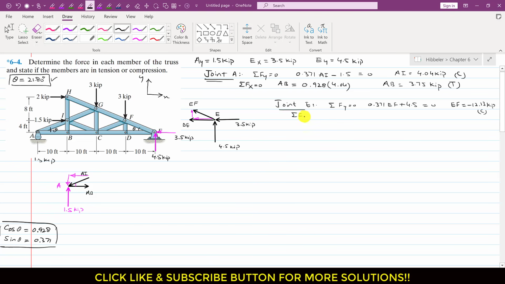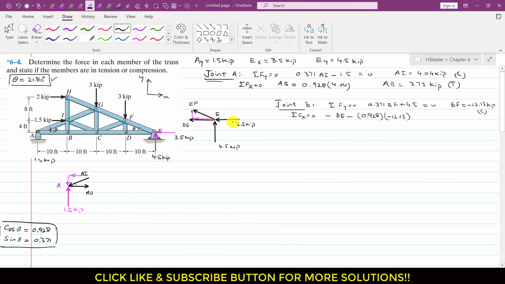Now if I apply the summation of forces along x equals 0, as we can see that this DE is acting in the negative x direction, so I will write minus DE. This component, this cos component of EF is acting in the negative x direction, so I will write minus, cos value is 0.928 EF, and EF value is now known, which is minus 12.13.